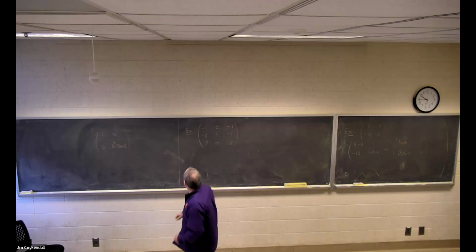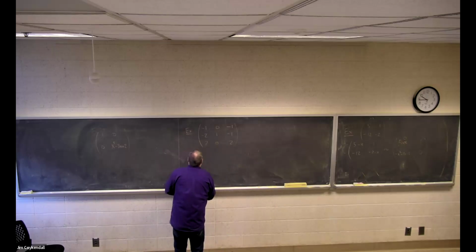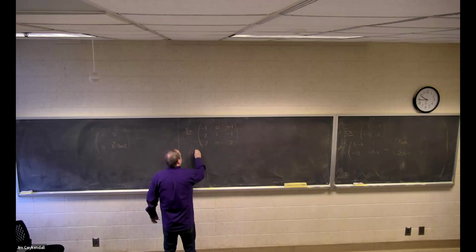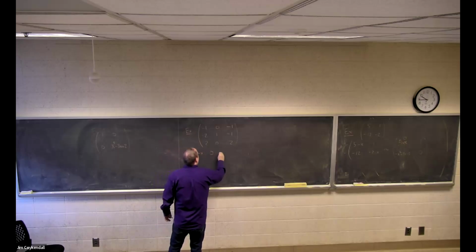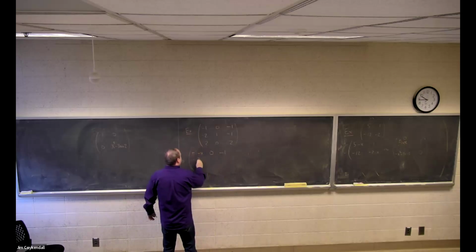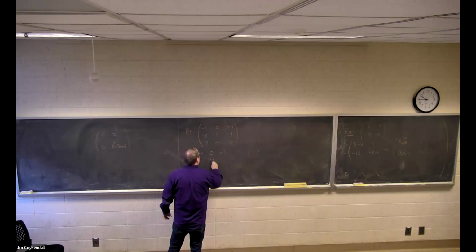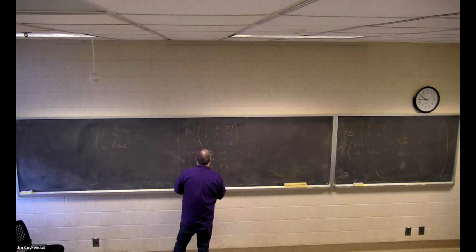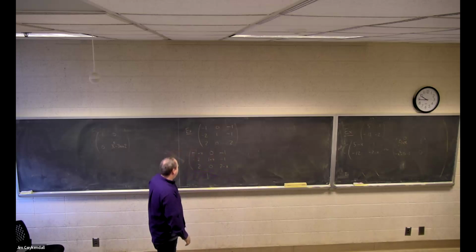The first thing I'm going to do is write minus 1 minus X, 0, minus 1; minus 2, 1 minus X, minus 1; 2, 0, 2 minus X. And you know what?